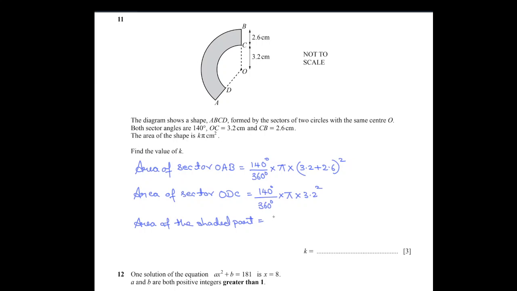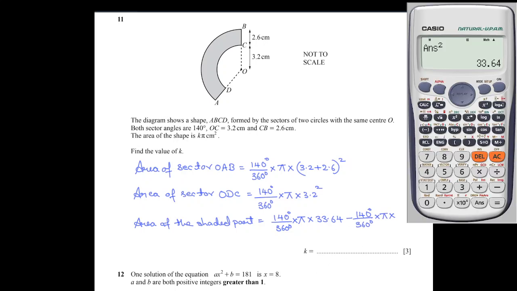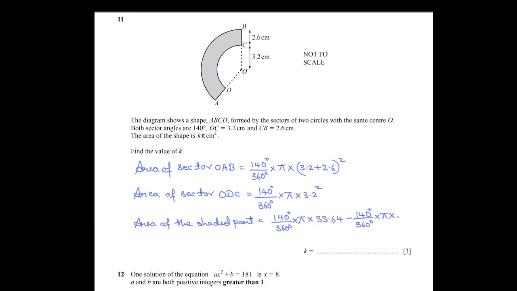Okay, so 140 by 360 into pi into 33.64 minus 140 by 360 into pi into 3.2 square. 3.2 square is 10.24.